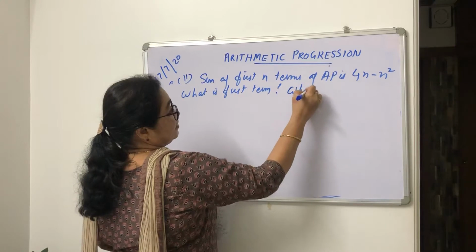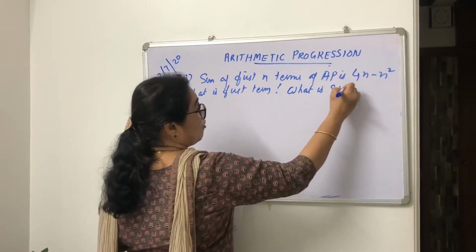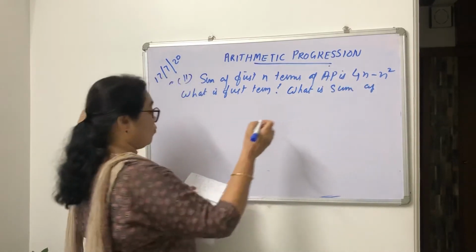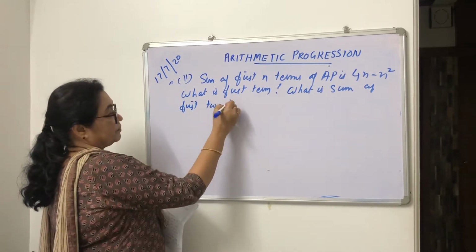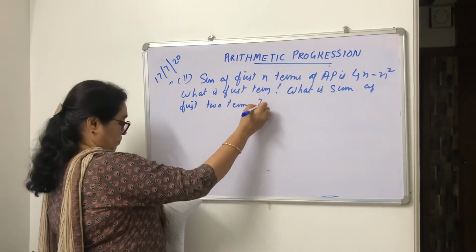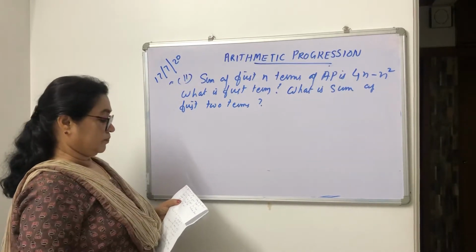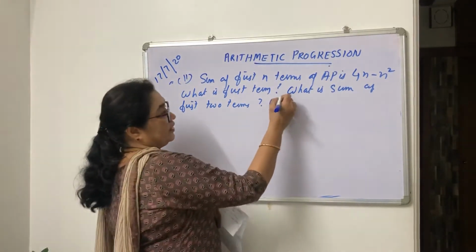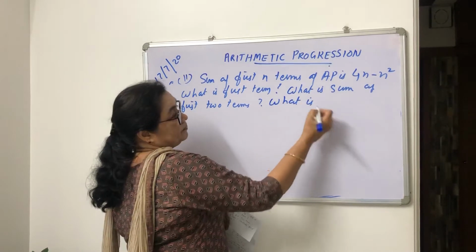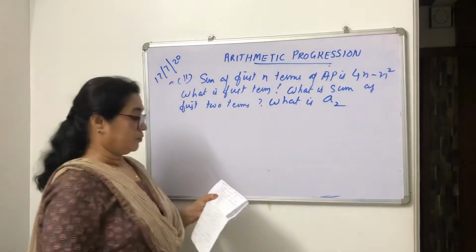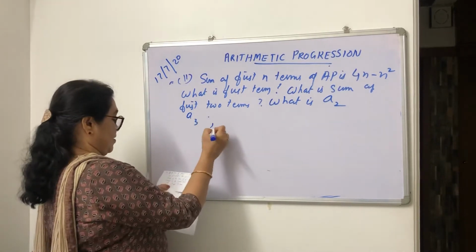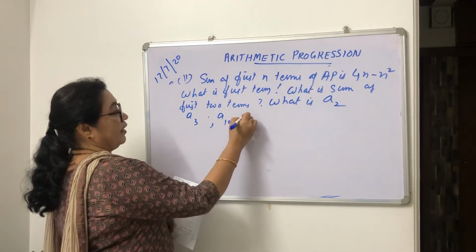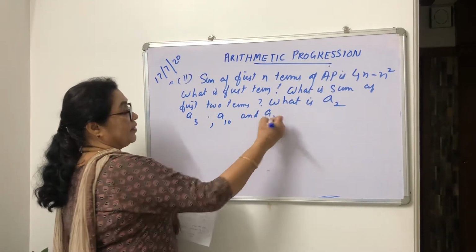What is the sum of first two terms? Then what is the second term? Second term A2. Then find out A3, A10 and An.